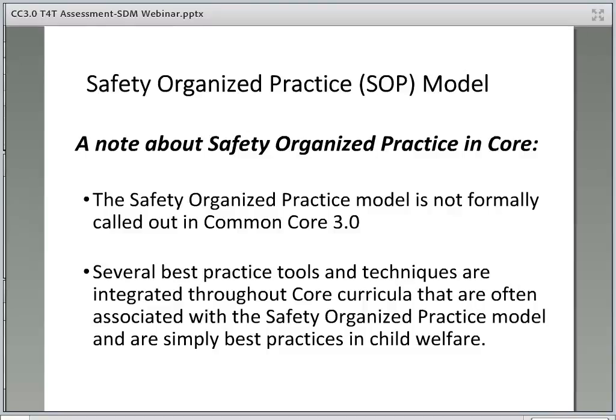As a trainer for Core, you will not be talking about SOP directly, as it is not referred to in the curricula. All of the tools and strategies traditionally associated with SOP should be referred to as best practices in child welfare. If you have any further questions about using SOP versus referring to best practices, please ask your regional training academy.